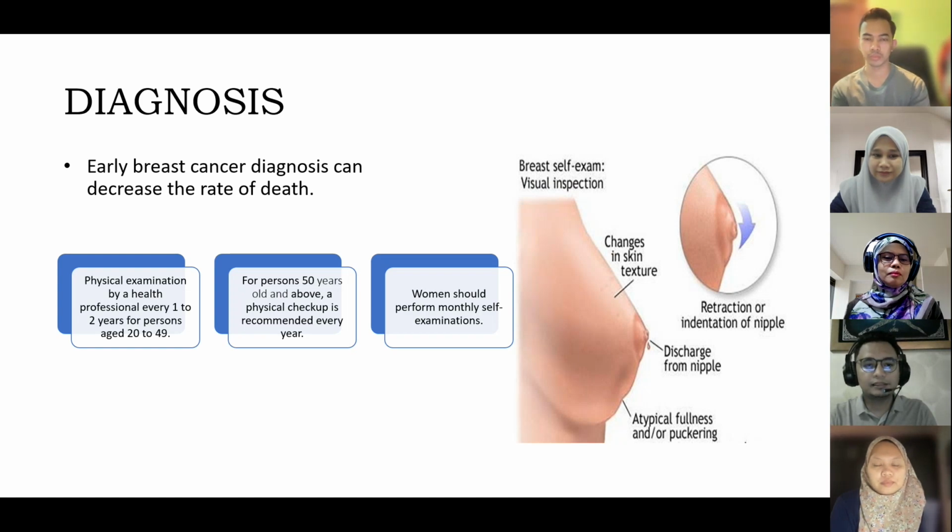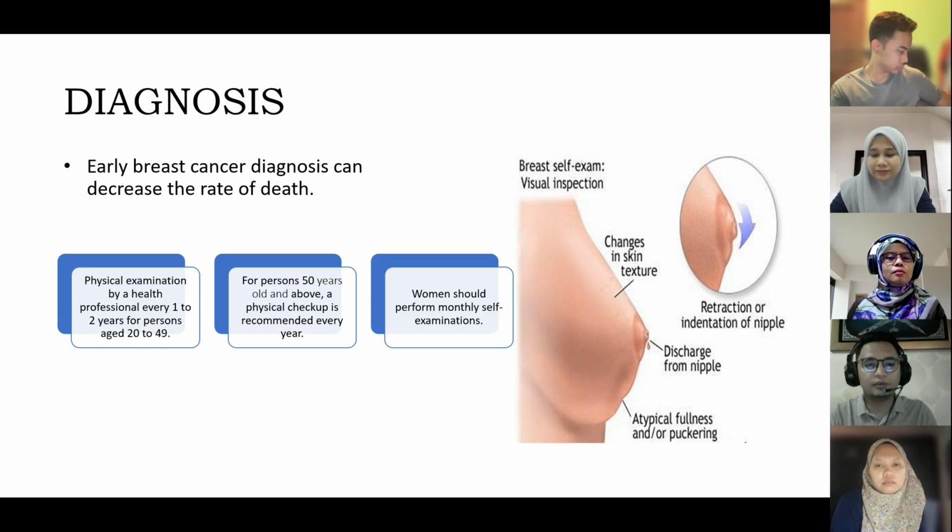For persons that are 15 years old and above, a physical checkup is recommended every year. Physical examination by a health professional every 1 to 2 years for persons aged 20 to 49.